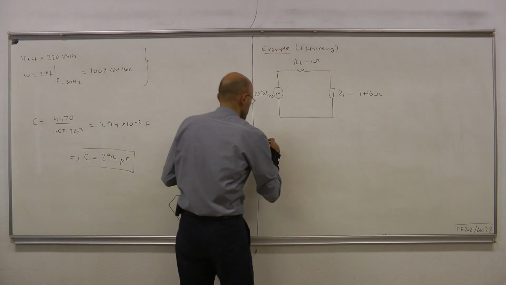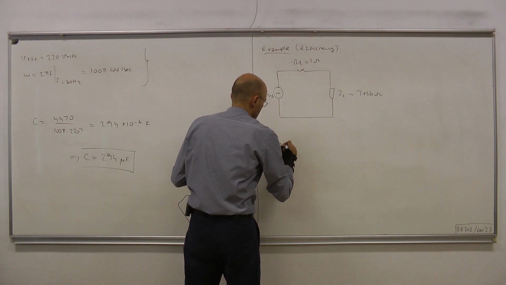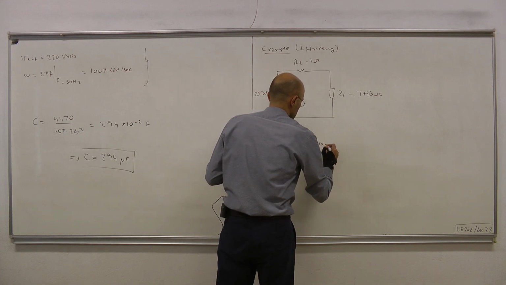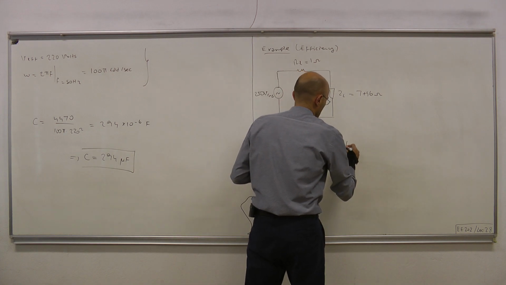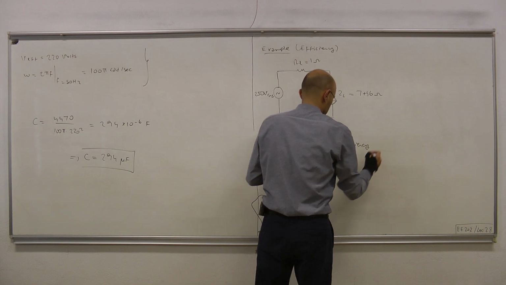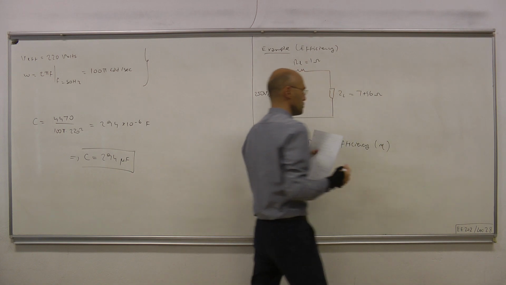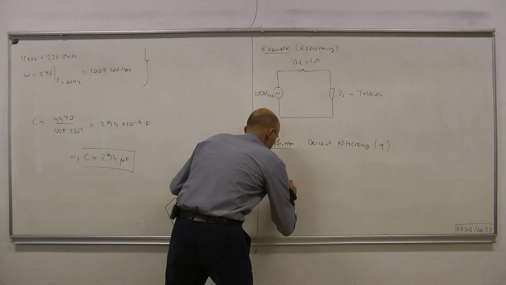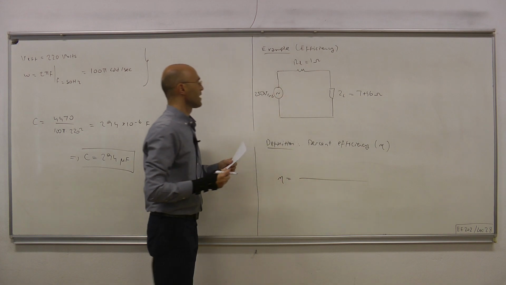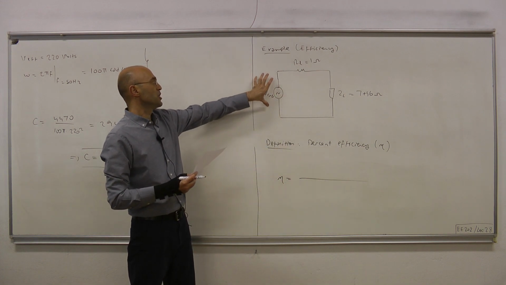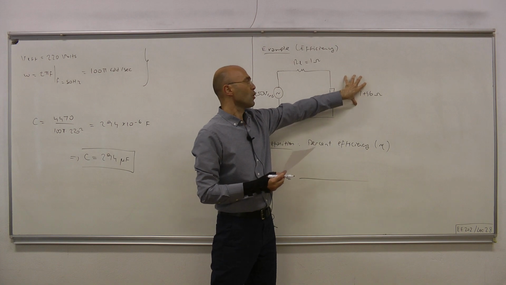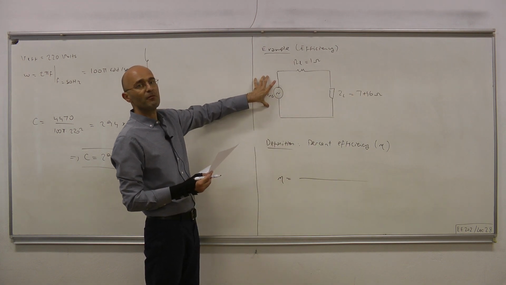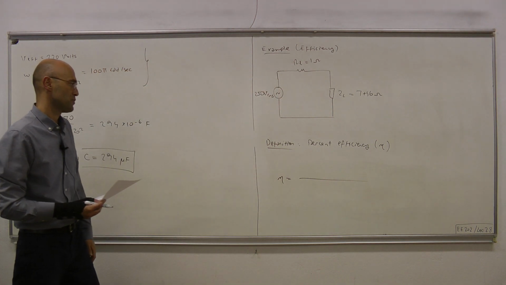Now, by efficiency, we mean the following. Percent efficiency is usually denoted by the Greek letter eta. The percent efficiency is simply the ratio of the real power consumed by the load divided by the real power generated at the plant or at the source.